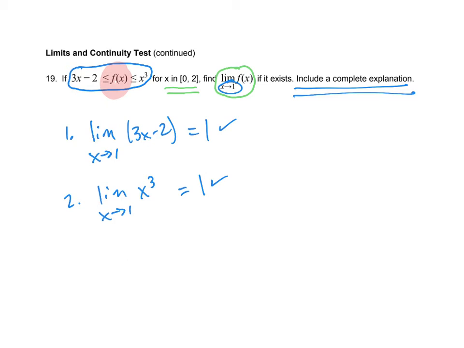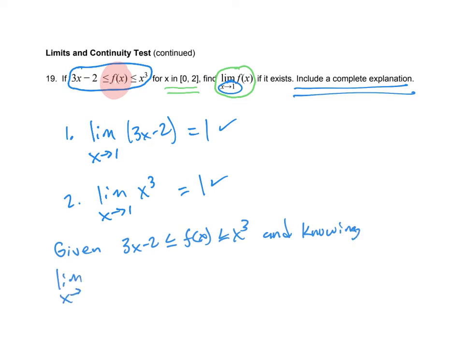So, given 3x minus 2 is less than or equal to f of x is less than or equal to x cubed, and knowing the limit as x approaches 1 of 3x minus 2 equals the limit as x approaches 1 of x cubed equals 1, knowing that those two limits are the same and they equal 1, and then you have to say the sandwich theorem. So I usually put by the sandwich theorem because I fulfilled the hypothesis.